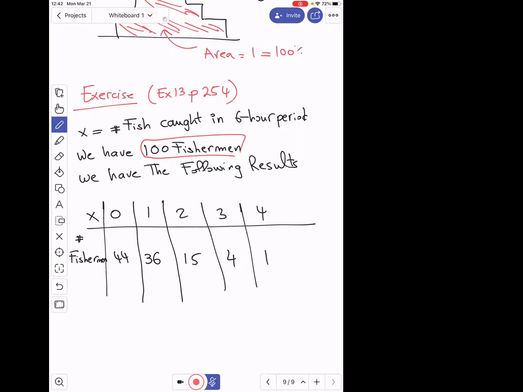Of course, you can have a different problem where your fishermen catch more than 4 or something. But let's say in this problem, the best fisherman actually caught just 4. Yeah, 4 fish.